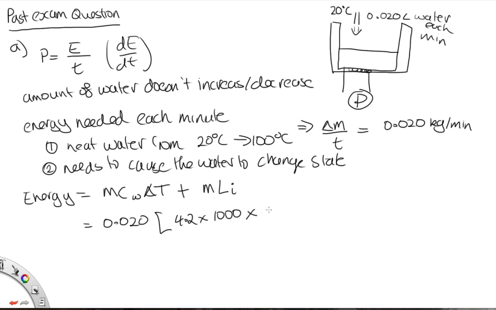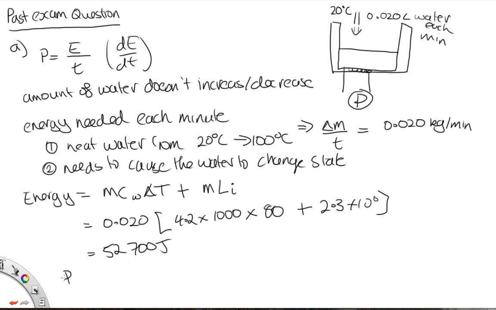The change in temperature is 80, from 20 degrees to 100 degrees. Plus we need the mass of water that we're changing state of, which is 0.020, times the latent heat of vaporization of water, which is 2.3 times 10 to the 6. Solving this on the calculator, we get that this is 52,700 joules needed each minute.